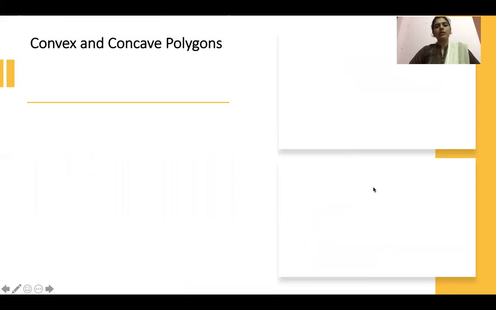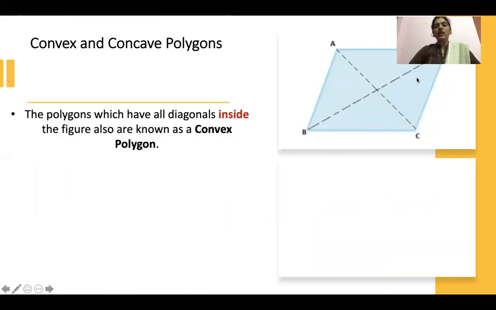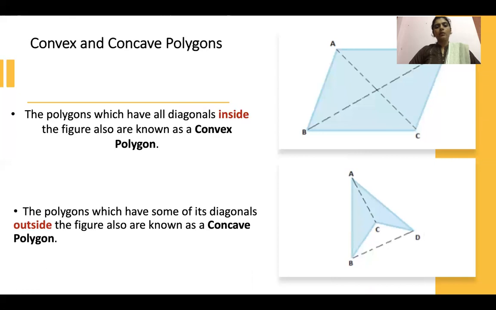Now convex and concave polygon. Convex polygon. The polygon which has all diagonals inside the figure is known as convex polygon. And the polygon which has some of its diagonals outside the figure is known as concave polygon. Here BD is a diagonal which lies outside the polygon.